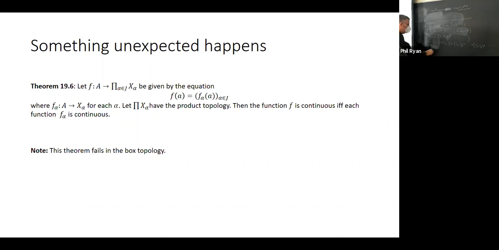Then it would contain some open interval (-1/n, 1/n), right? But when we go past that nth coordinate and pull its image back, it's going to be less than that.